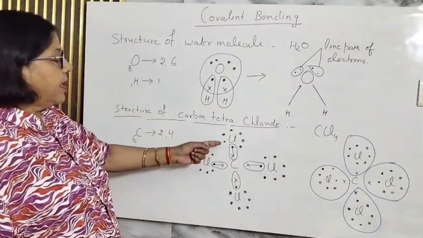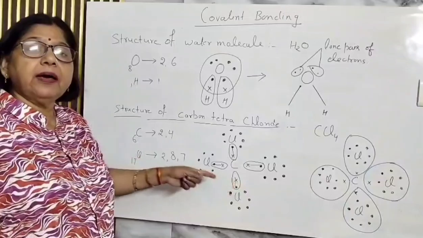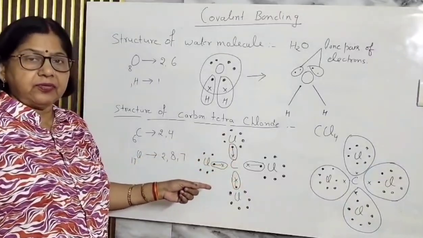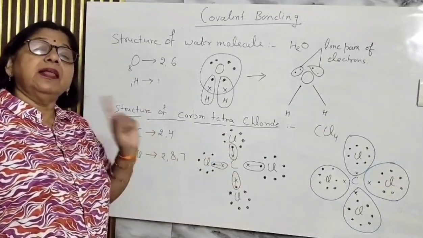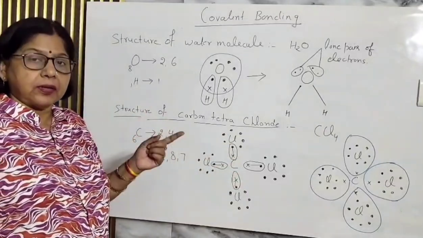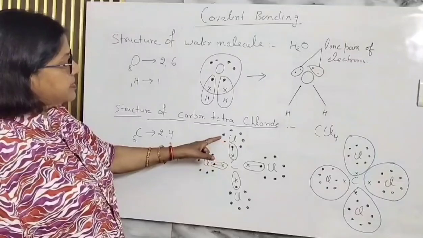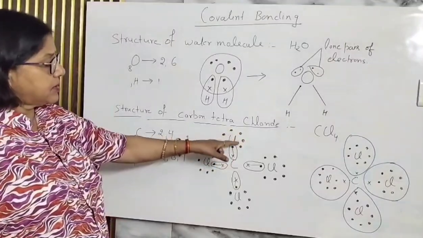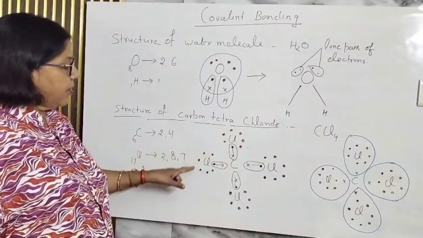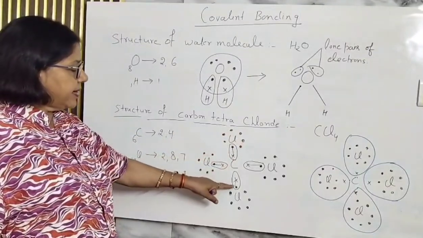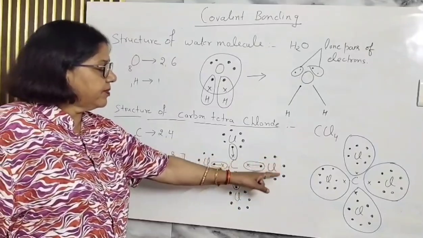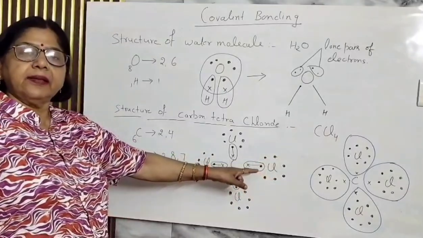You see here, I have drawn the electron-dot structure of these molecules, in which only the valence electrons are drawn. I have drawn the 7 electrons of each chlorine atom by the black dots, right?